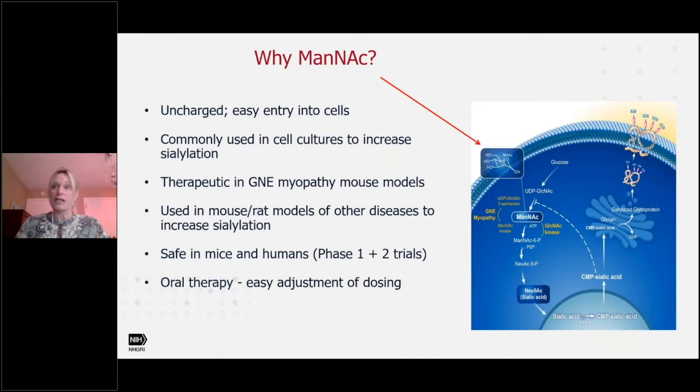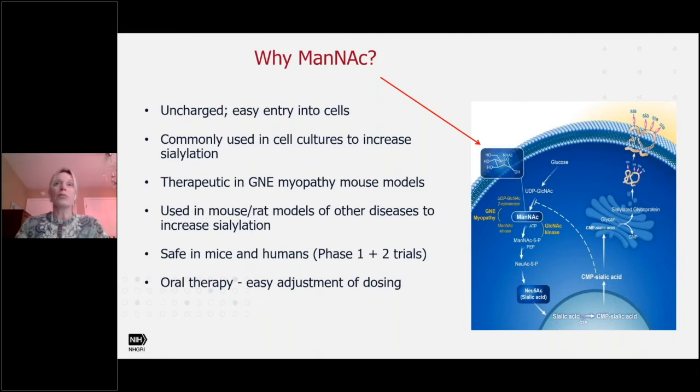It was therapeutic in cell and mouse models of GNE myopathy, not only our models, but also of other investigators, other groups. And it's now being used in rat and mouse models of other diseases that show hyposialylation. It's shown safe in mice and in humans through our phase 1 and phase 2 studies that I will get to a little later on.